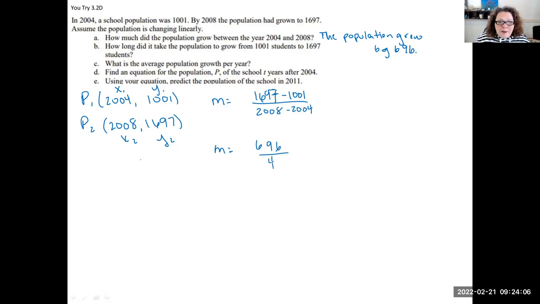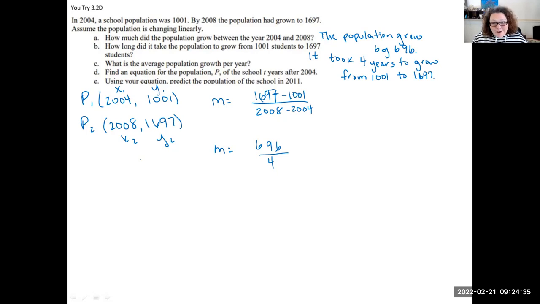How long did it take for the population to grow from 1001 to 1697? It took 4 years to grow from 1001 to 1697. Okay. What is the average population growth per year?